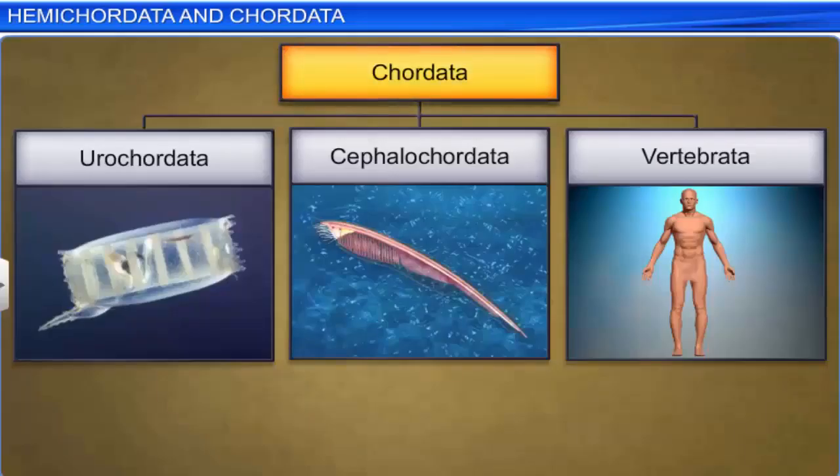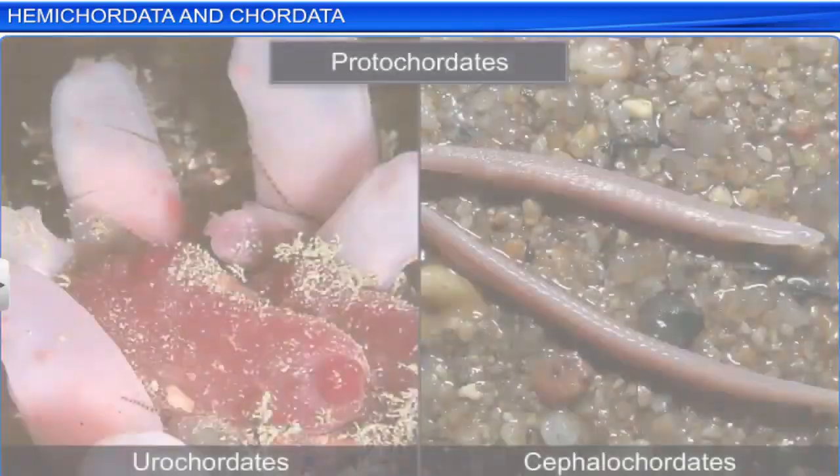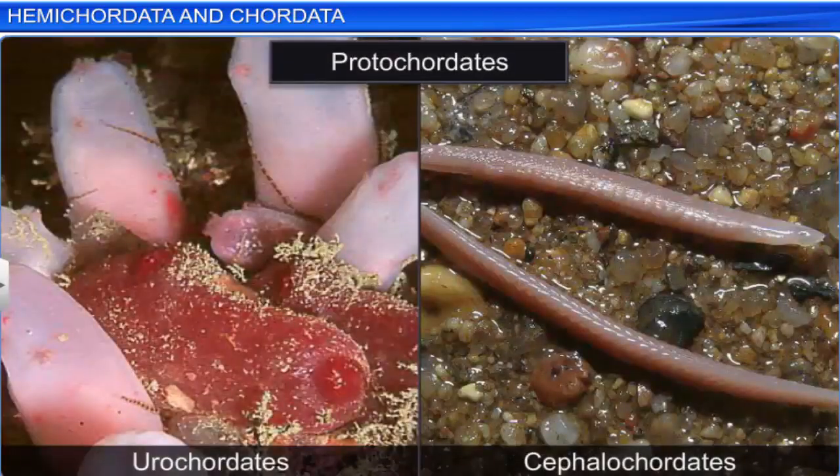Phylum Chordata is divided into three subphyla: Urochordata or Tunicata, Cephalochordata, and Vertebrata. Subphyla Urochordata and Cephalochordata are also referred to as protochordates. These animals are found only in marine habitat.